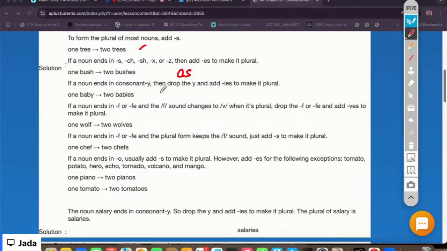And then for the y, you cancel that and you make it ies. And if the f sound changes to v, you would have ves. And if it keeps the f sound, we would have s. And then we have some unique ones that end with es. All right. And then the ones that end with o, you have to add s to them. Okay, let's look at some examples.